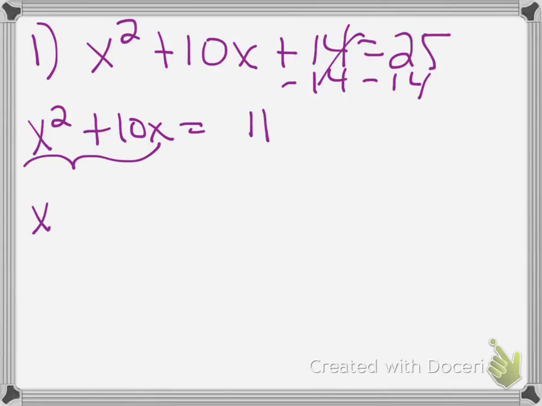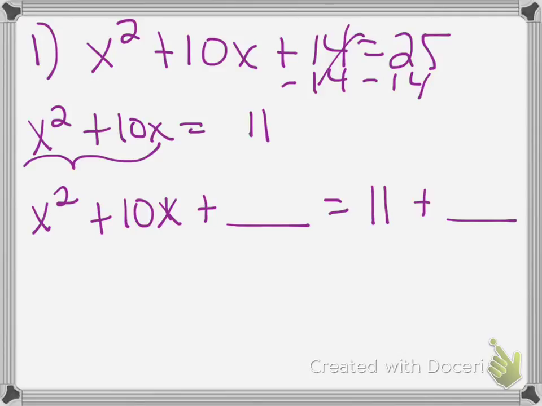So you have your quadratic term, you have your linear term, plus a blank. And then I'm going to have an 11 plus a blank. In order to make this binomial of x squared plus 10x into a perfect square trinomial, I am going to have to add the constant term.